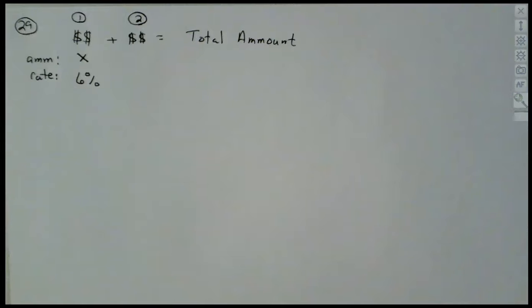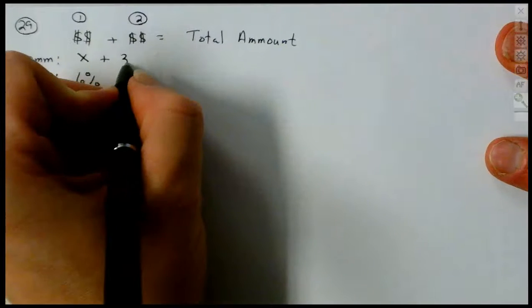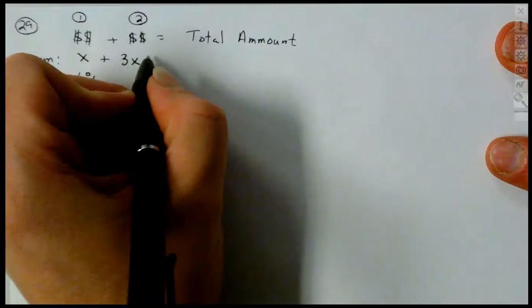We're going to take this money, and we're also going to add some more money in a different account. And it says, and 6,000 more than 3 times the amount. So 6,000 more than 3 times that amount would be 3x plus the 6,000.